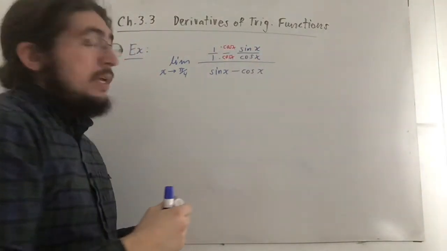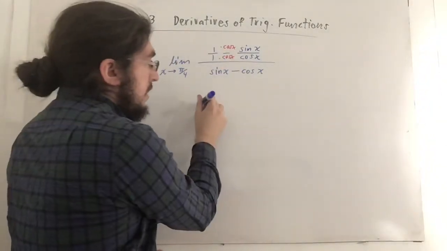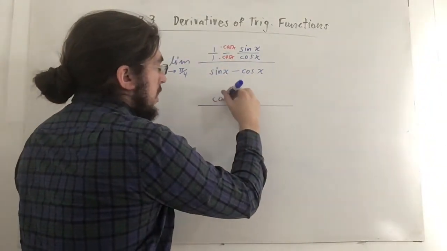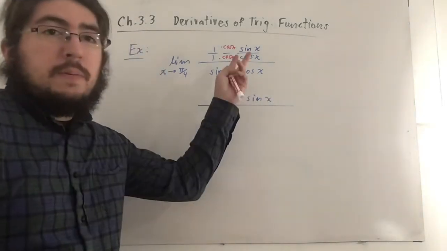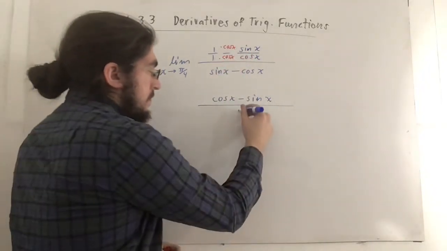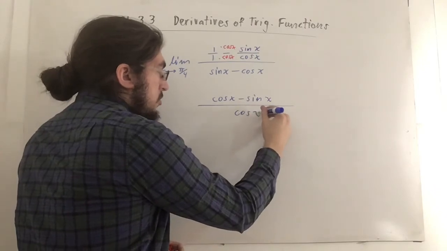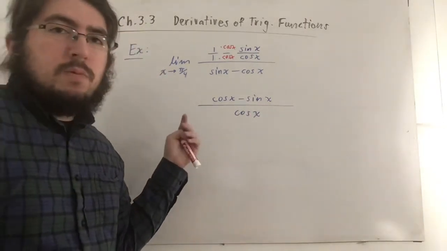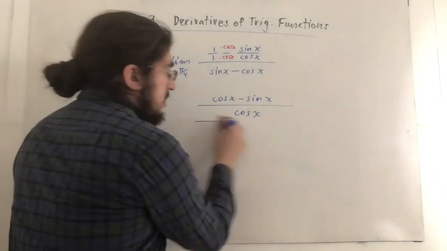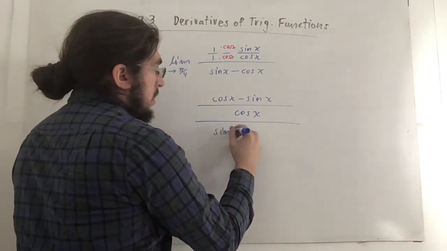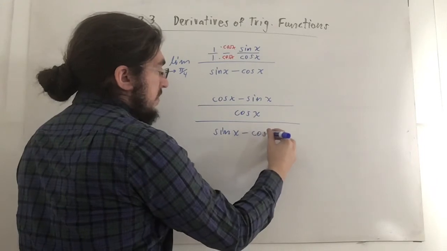Well, on top, you'll get cosine of x minus sine of x, so let me write that. Cosine of x minus sine of x, all over their common denominator, which is just cosine. So the numerator, what was 1 minus tangent of x, turns into this. This, of course, is all over sine of x minus cosine of x.